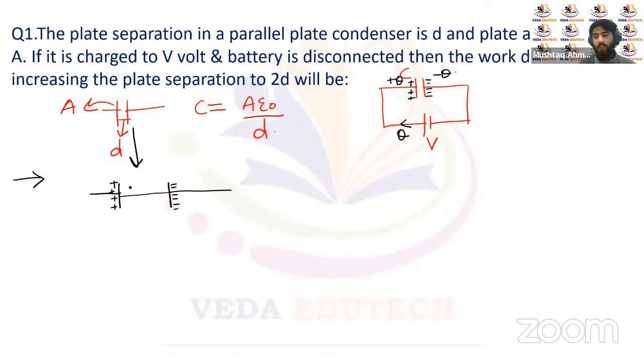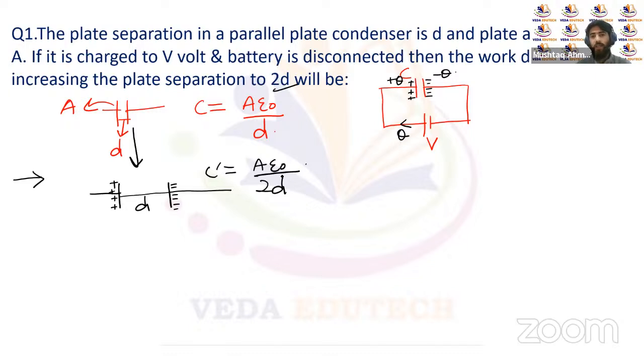The capacitance of the capacitor is going to change because the separation between the two plates has changed. Then the new capacitance of this capacitor will be A epsilon naught upon 2D, right? Now the separation has been increased to 2D. So this will be the new capacitance.